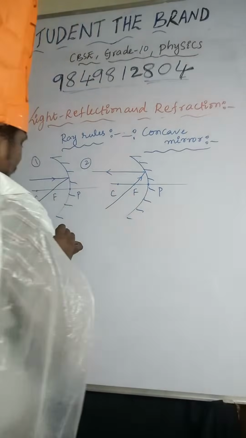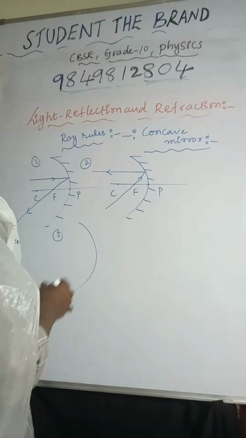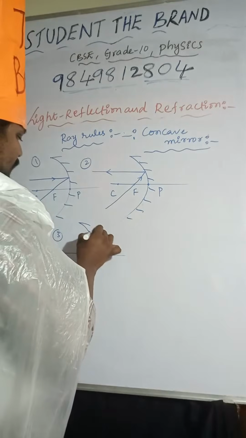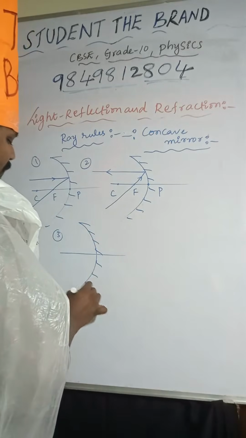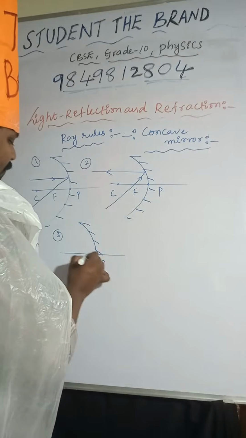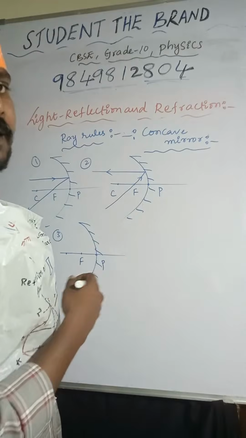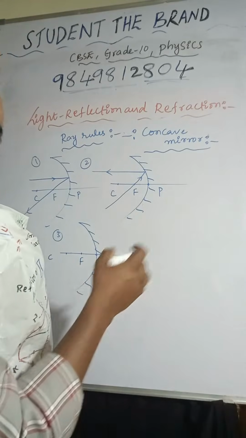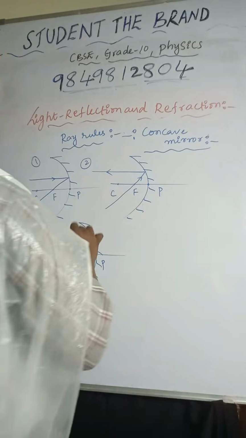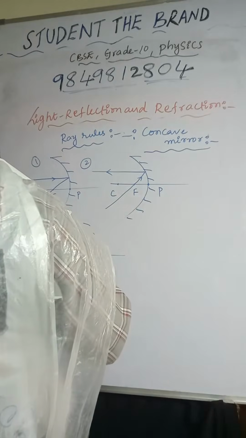Coming to the third one, pole, focus, center of curvature, a light ray is passing like this.